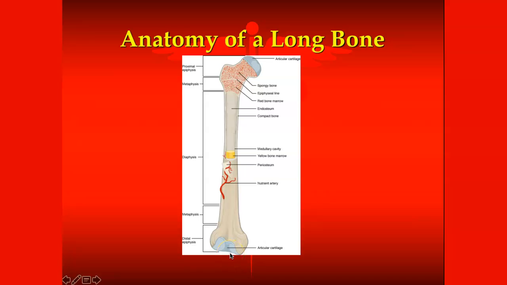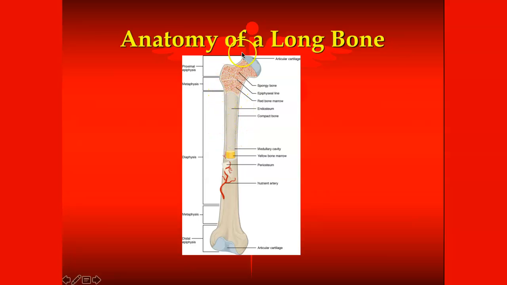Okay. Now, if we move from there, just as a quick review of some of the terminology, we have articular cartilage where bone would meet or articulate with another bone. We have our epiphyses or our ends. Then we have our diaphysis or shaft, the hollow medullary cavity, which is lined by endosteum.